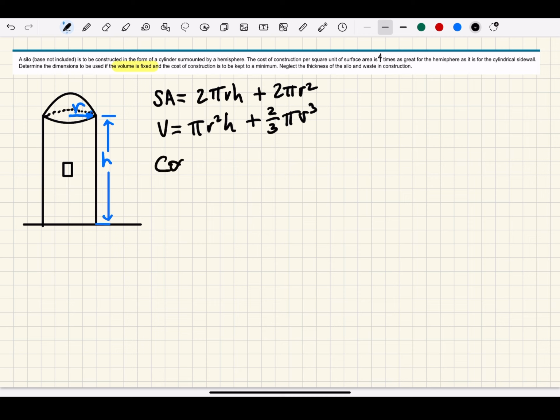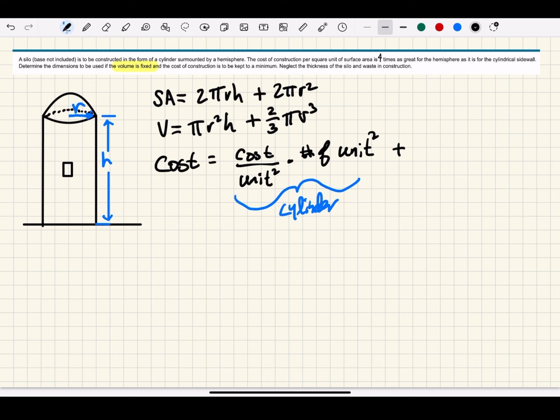The cost would be the cost per square unit times the number of square units for the cylinder, plus 4 times the cost per square unit for the cylinder times the number of square units for the hemisphere.